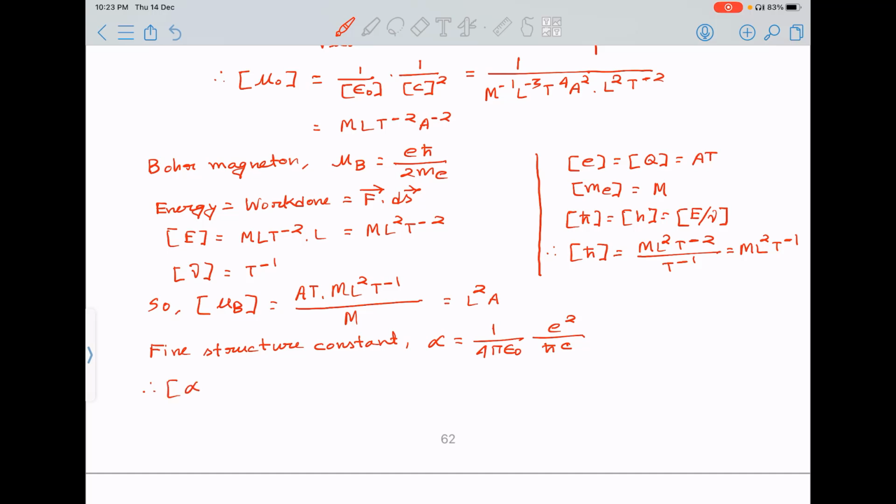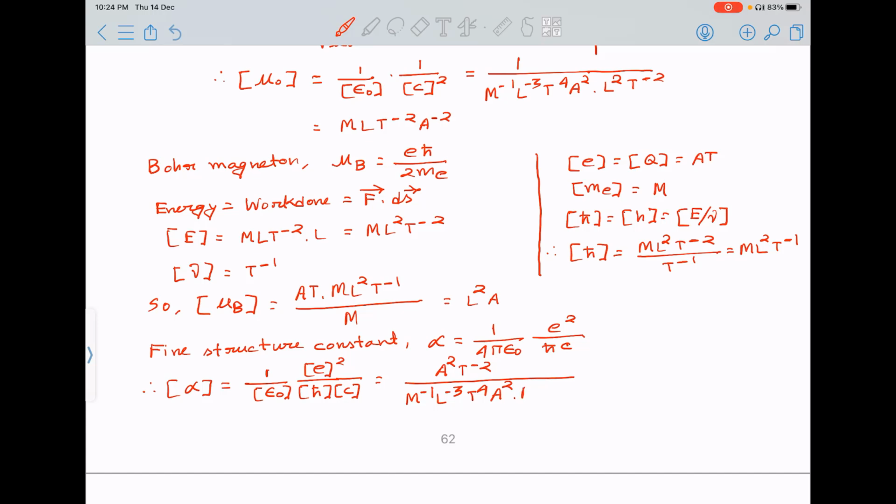So the dimension of alpha would be 1 upon the dimension of epsilon naught times the dimension of e square upon the dimension of h cross times the dimension of c. So e square is A square T square, divided by epsilon naught, which is M inverse L to the power minus 3 T to the power 4 A square.